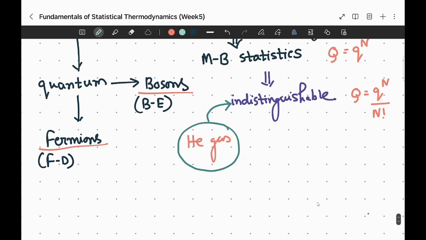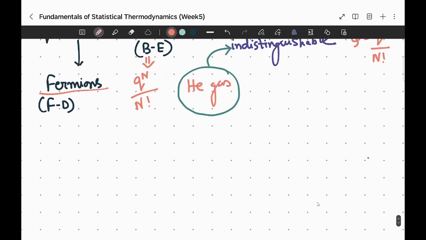Now, in case of bosons, under some restriction, I'm not going to discuss that, for some cases you can consider this, but it's not general. For fermions, it's very, very difficult to derive such an expression.